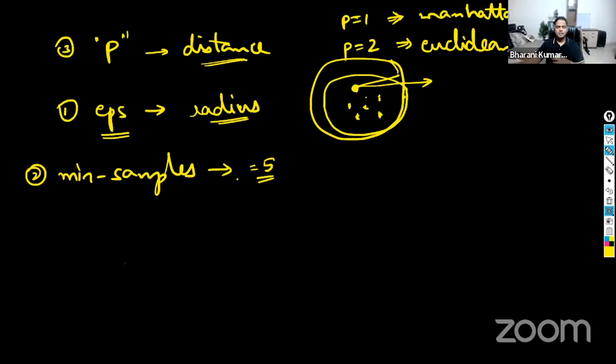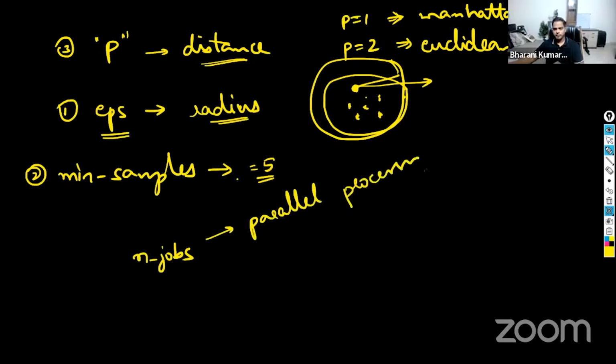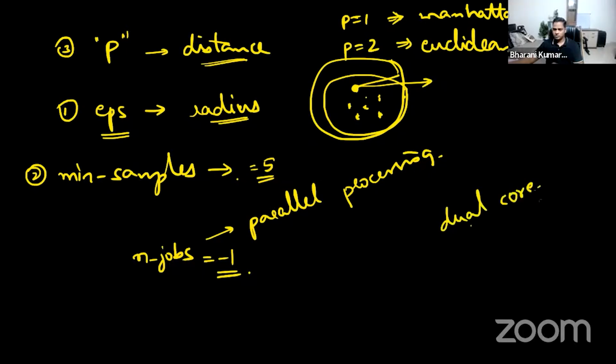And there is one generic hyperparameter which you will find in a lot of algorithms which support parallel processing, which is number of jobs. If I say number of jobs equal to -1, you might have a dual core. Dual core means there'll be 2 cores.